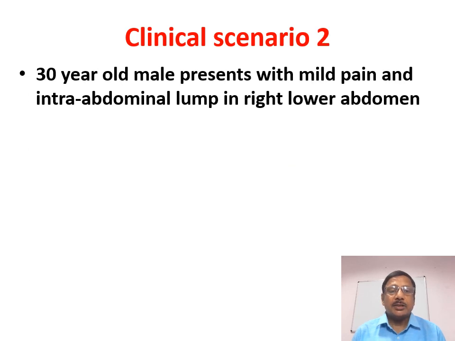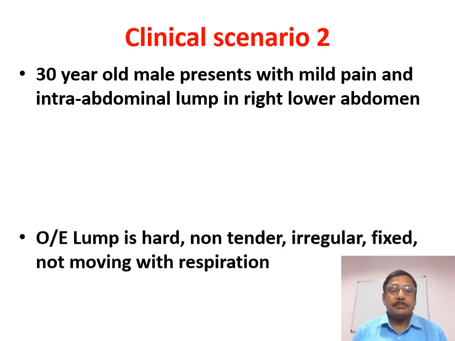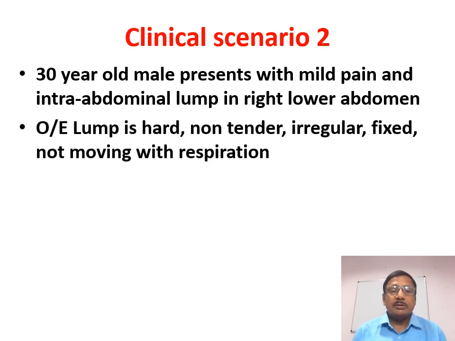Now think of a second scenario, where a 30-year-old male presents with mild pain and an intra-abdominal lump in the right abdomen. When you examine, the lump is hard, non-tender, irregular, fixed, and it is not moving with respiration.